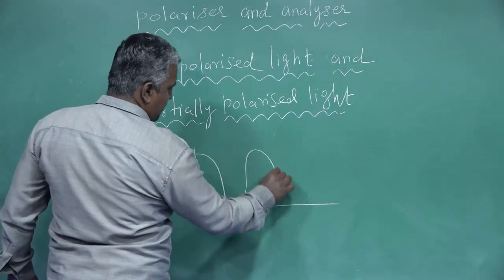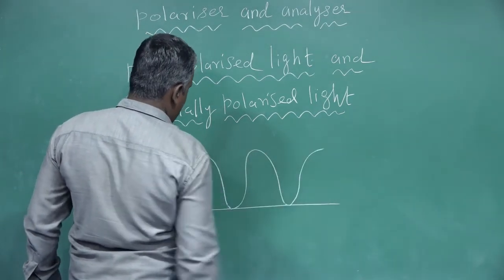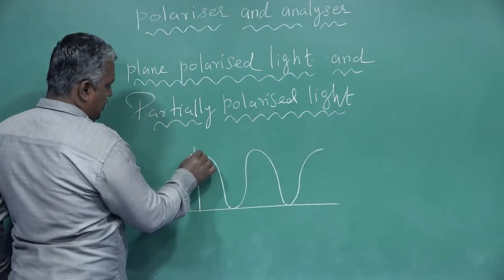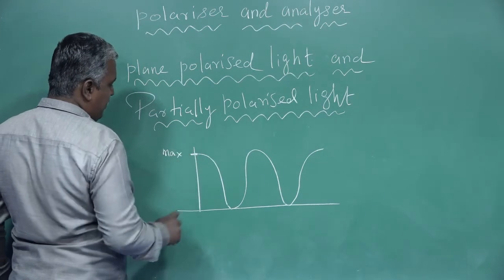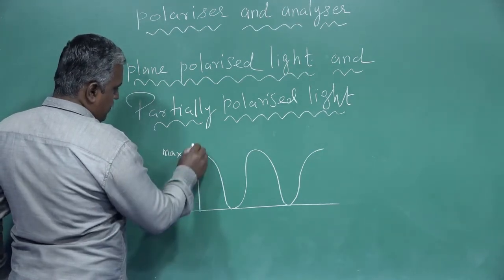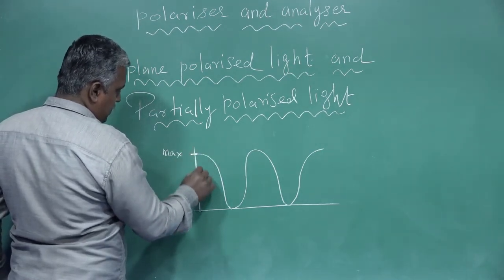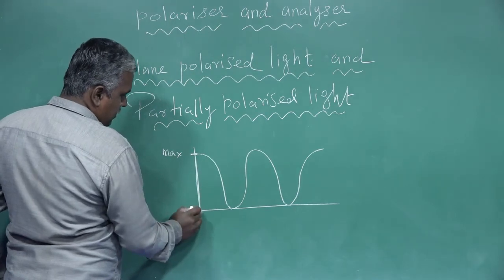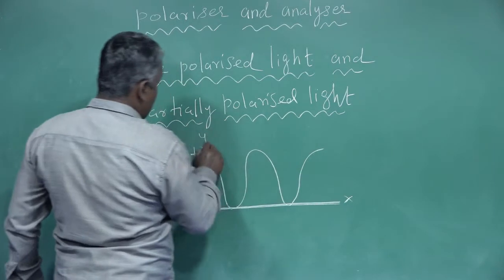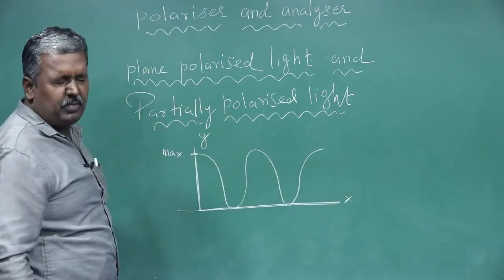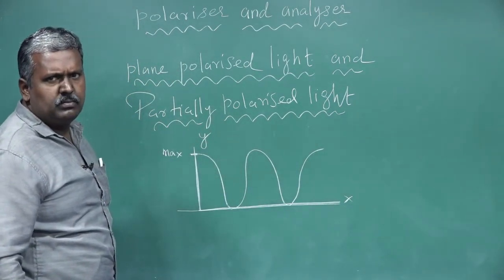One of the simplest concepts, don't worry. This position is the maximum intensity. So here the y-axis denotes intensity. This axis denotes rotation of P2, that means the polarizer 2 or analyzer.